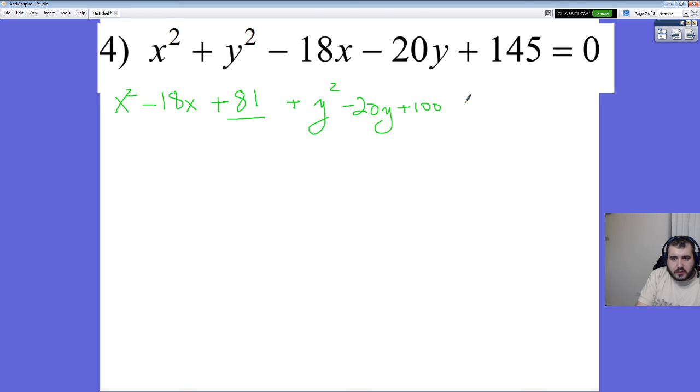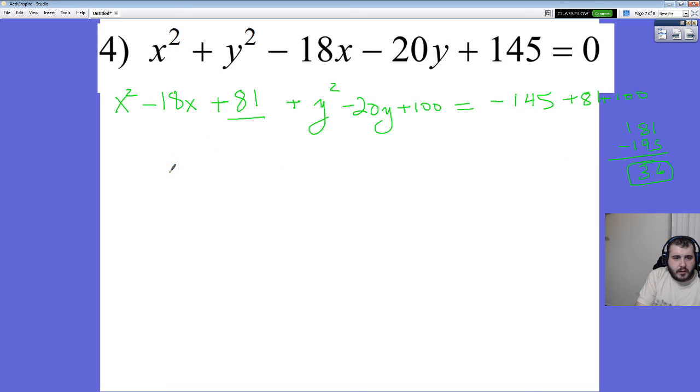And we're going to have this already waiting here on the other side. And we got to add the 81 and the 100. And so we end up with 181 minus 145, which I think if I see it should be 36.